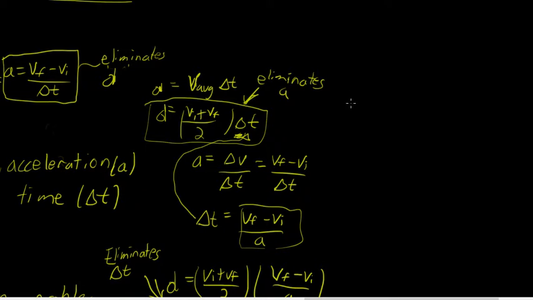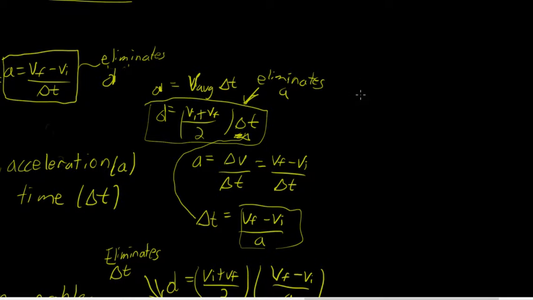So we have one more formula to derive, and that's one that eliminates initial velocity. We started with one that eliminated acceleration, and then we used one that eliminated displacement to find ones that eliminated both final velocity and elapsed time, but we have yet to derive one that eliminates initial velocity.